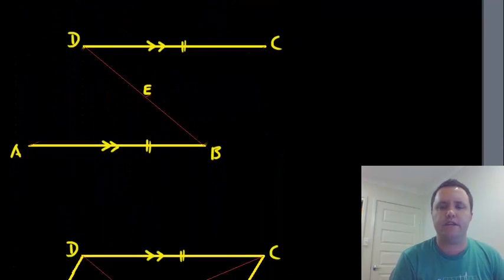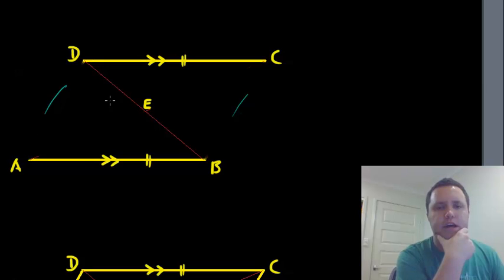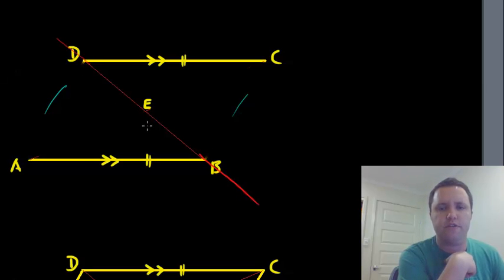Right, second one is to investigate the other transversal. So still the same lines, so I've deleted the ones that were here and here, but I'm looking at this diagonal this time. Just imagine with me please, we've got a transversal that goes across these two parallel lines, DC and AB, and we know that when we have a transversal across parallel lines, our alternate angles are going to be equal. These two here.